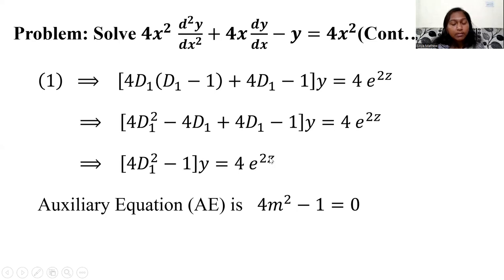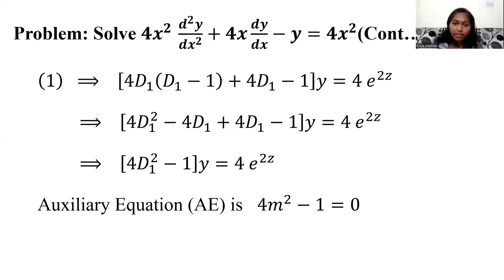Now let us think about solving the equation. Since it is a non-homogeneous equation, the LHS is solved based on the complementary function, and for the RHS we have to find the particular integral. So first let us focus on the complementary function.